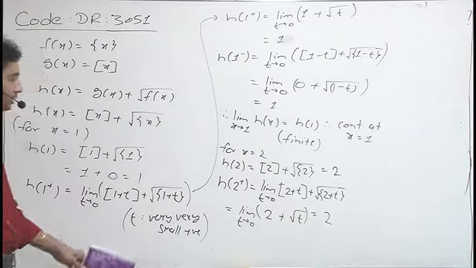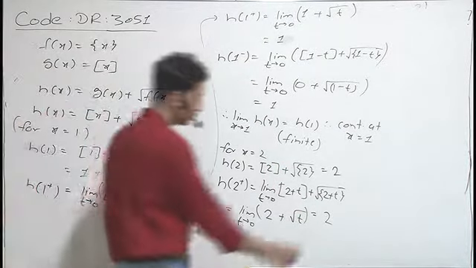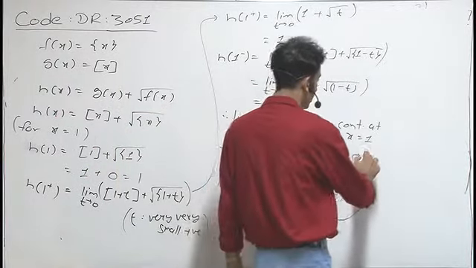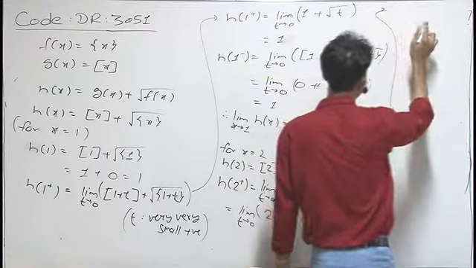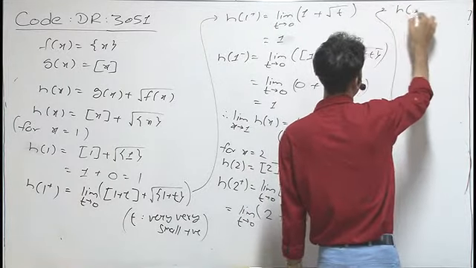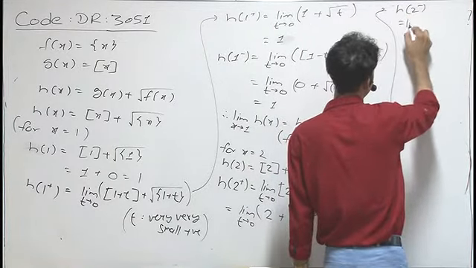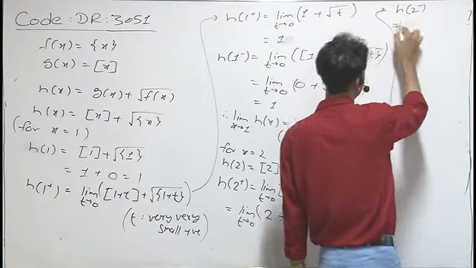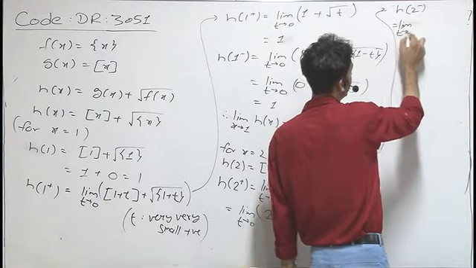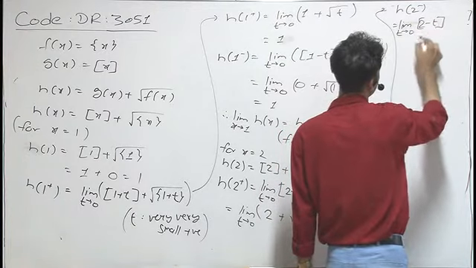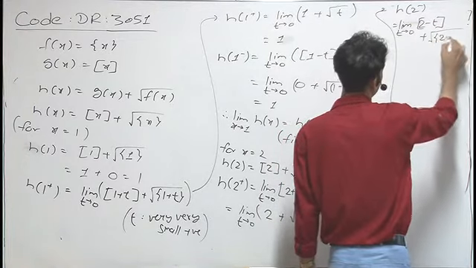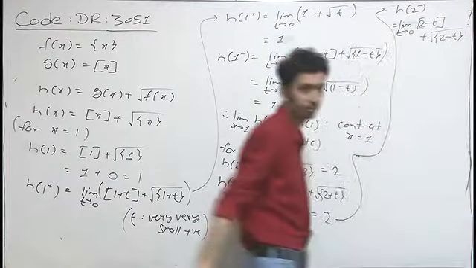Now we will also check the left hand limit at x equal to 2. h2 minus means limit t tending to 0, box of 2 minus t plus under root fractional part of 2 minus t.